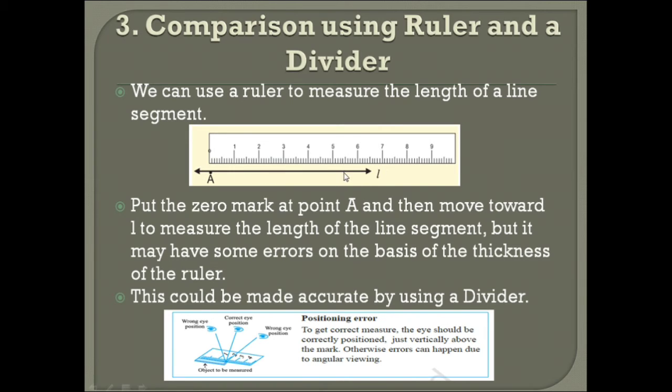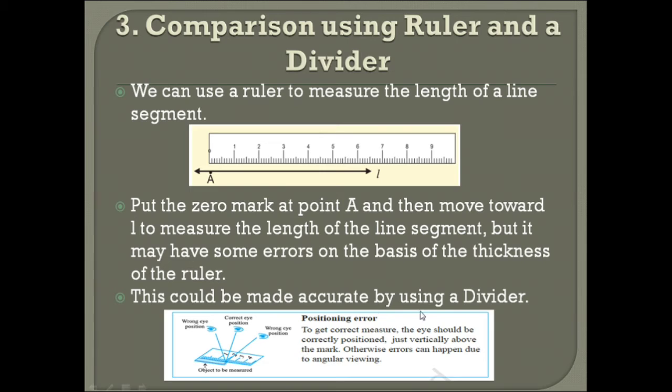Then it will tell you the length of the line segment. But sometimes there may be some error due to the thickness of the ruler. Some rulers are thin, some are thick. So due to this thickness variation, there can be some errors while measuring using a ruler. So instead of just using a ruler, you can use a divider to measure a line segment.